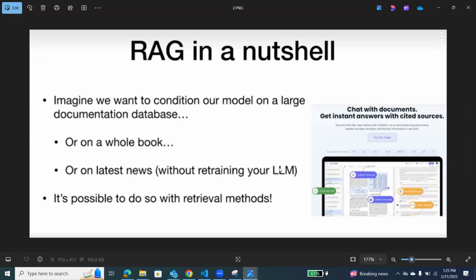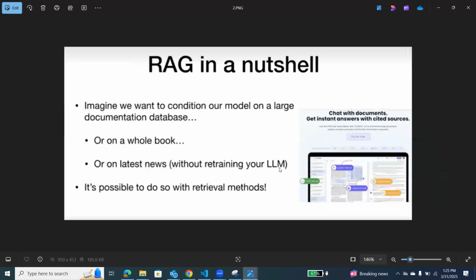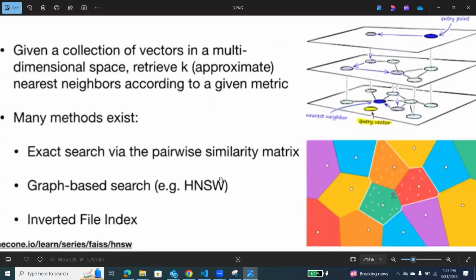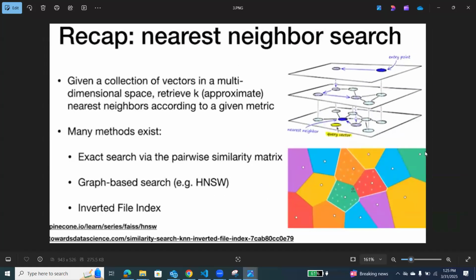The idea of retrieval augmented generation is very simple. It's based on the k-nearest neighbors algorithm, which, if you remember, was the first algorithm that we covered in the machine learning class. The idea is to create sentence embeddings.